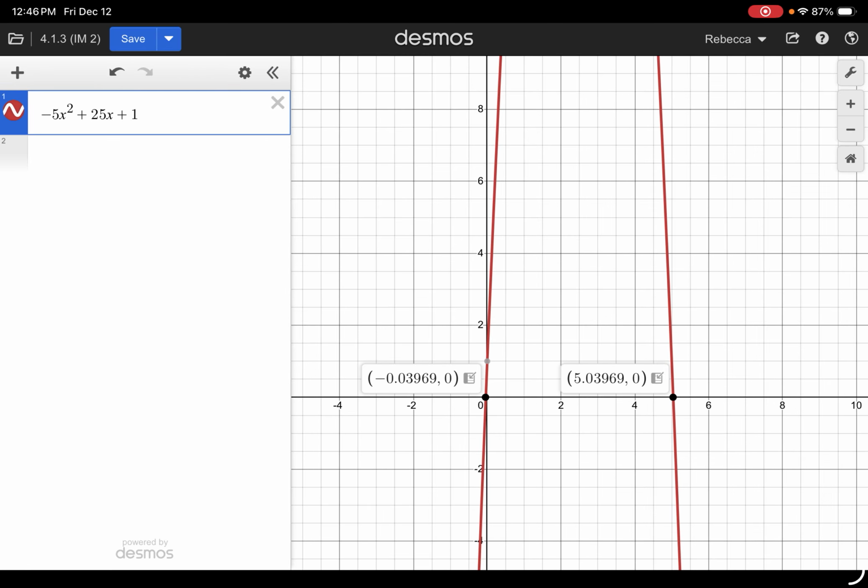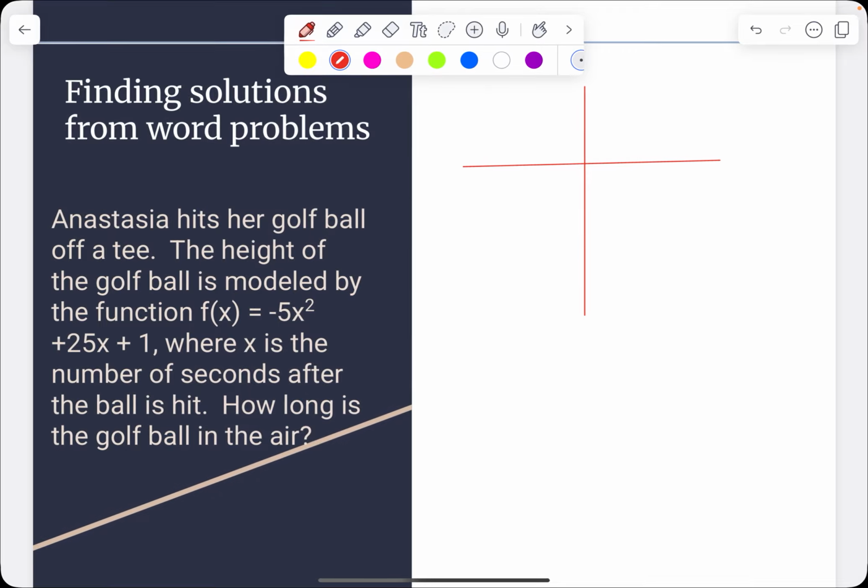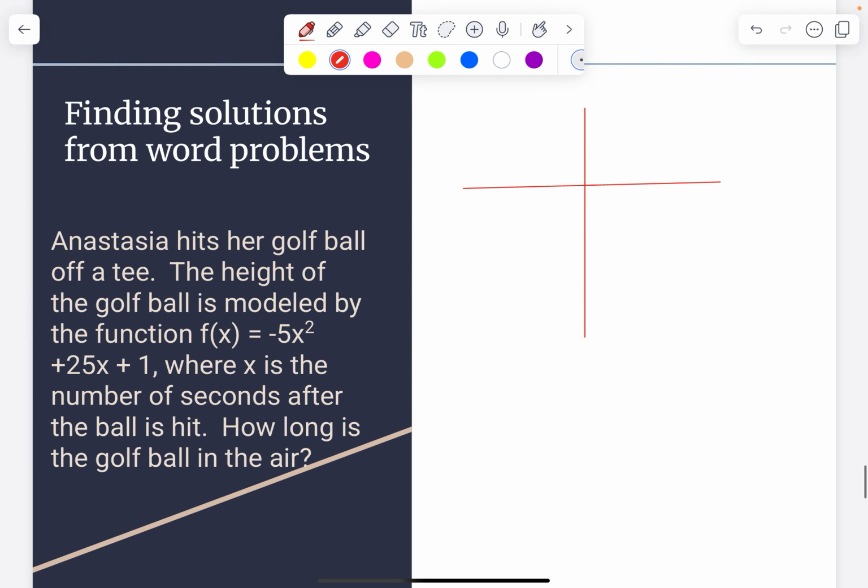It looks like my x-intercepts are at -0.03969 and positive 5.03969. We want to know how long the ball is in the air for. So it can either be in the air for -0.03 seconds or 5 seconds. The -0.03 doesn't make sense, which means the ball is in the air for 5 seconds.